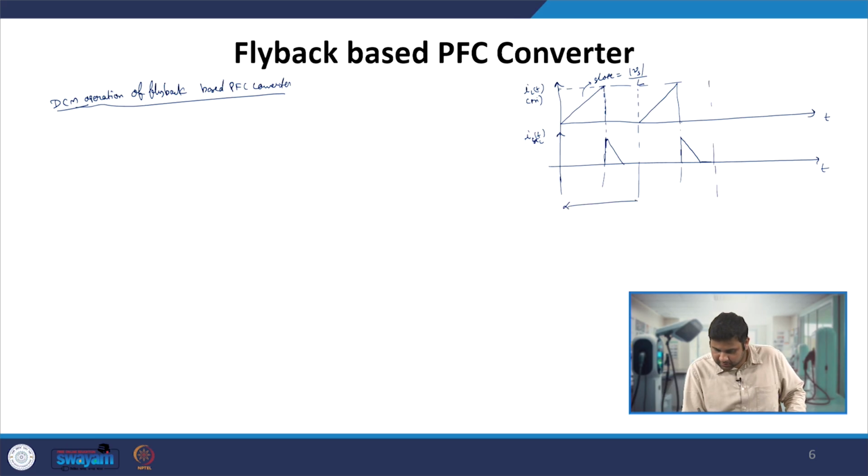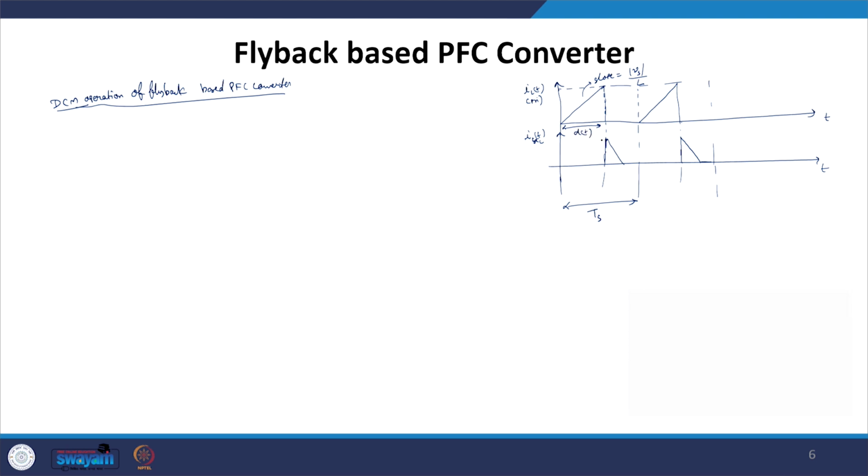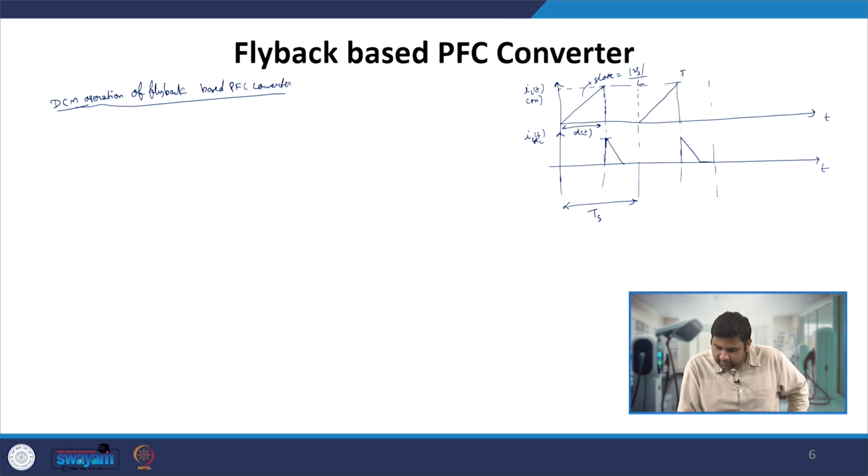So this period is nothing but TS period, and this period is nothing but DT period, and here the peak will be, let us say the peak goes up to here, up to I peak.